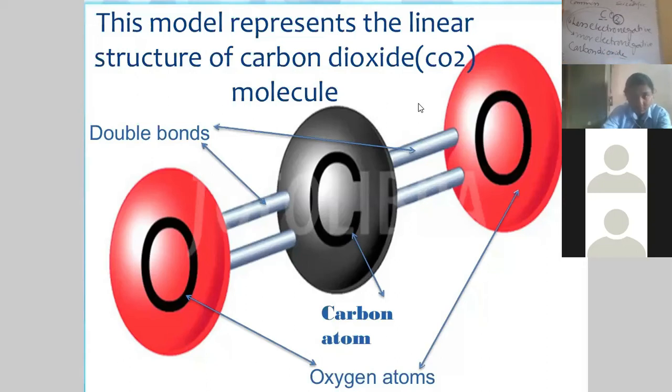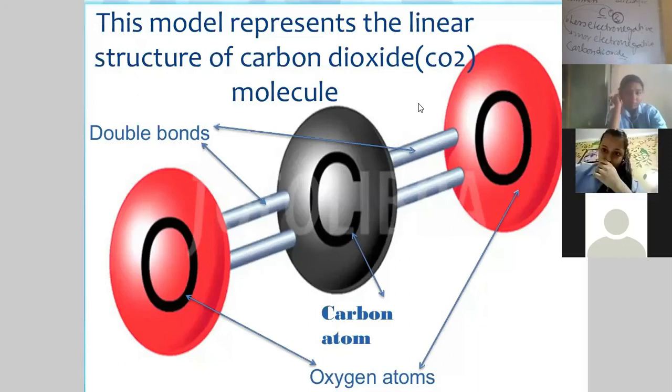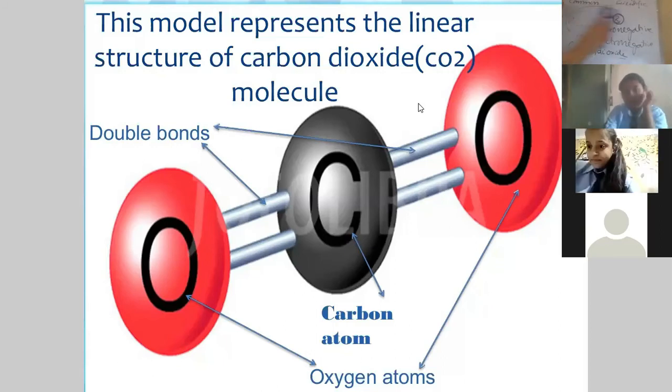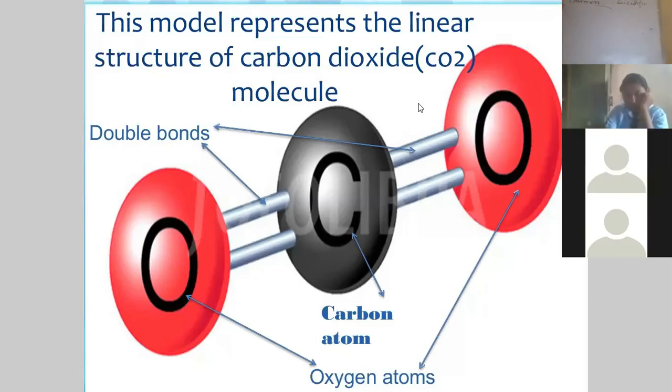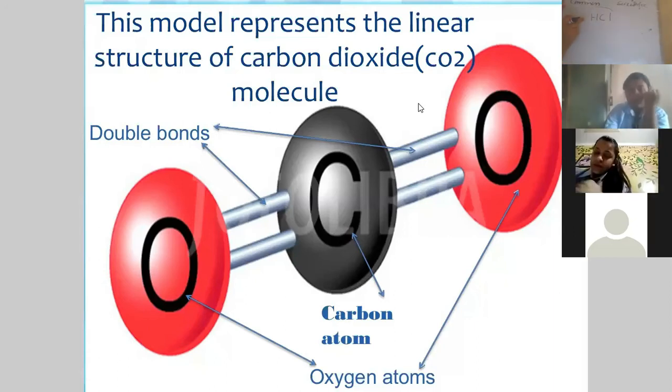While naming, the number of atoms has to be mentioned, and then the name should end with "ide." Like in the same manner, if I have HCl, the first name will be of the less electronegative element, the second of the more electronegative.